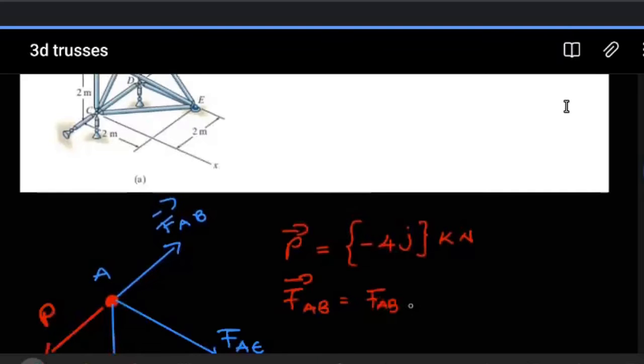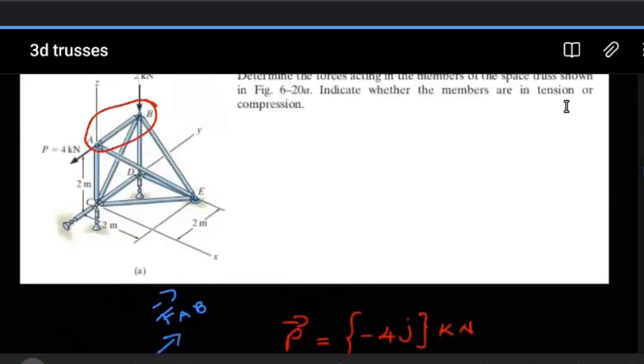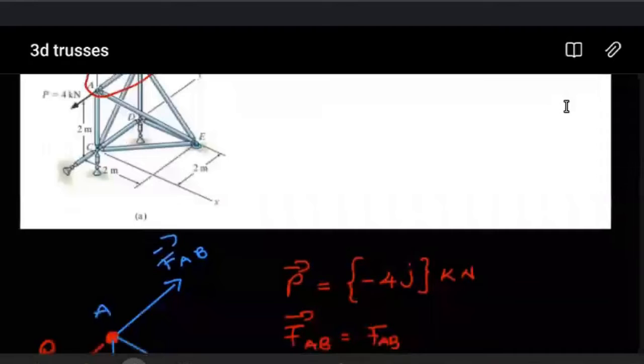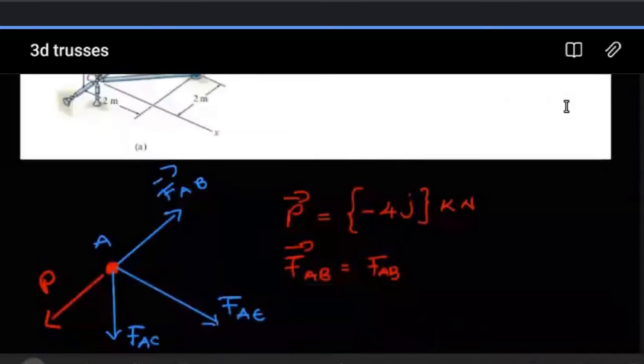To give direction, I must specify the unit vector. For this one, it's a little bit easy. What is the unit vector in the direction of the member AB? Yeah, this one comes as positive J. Okay, so that one is sorted as well.